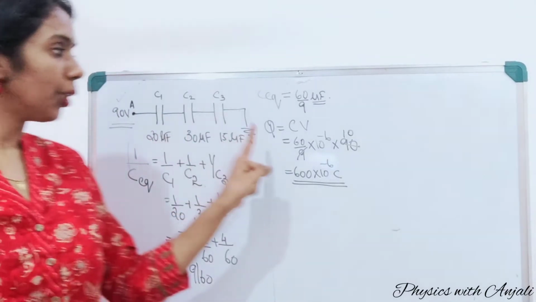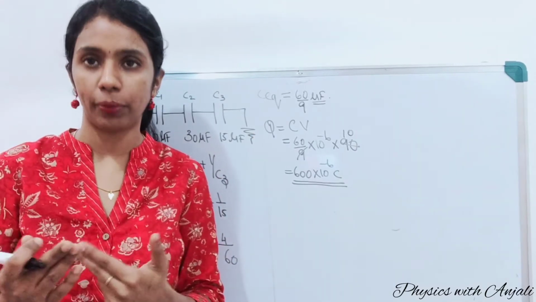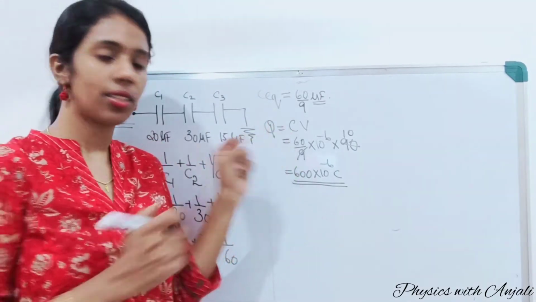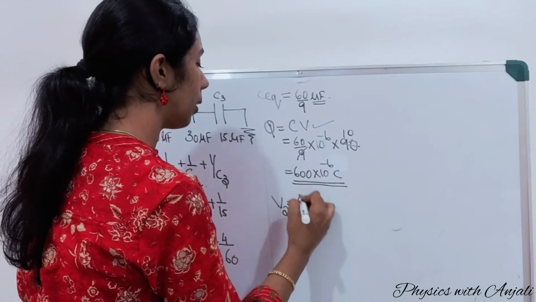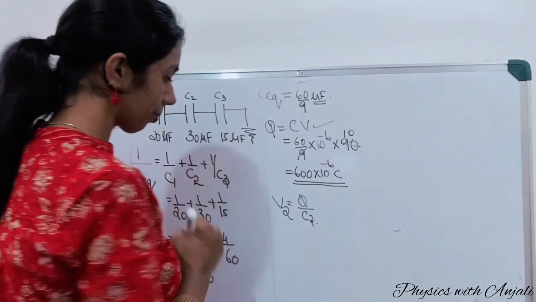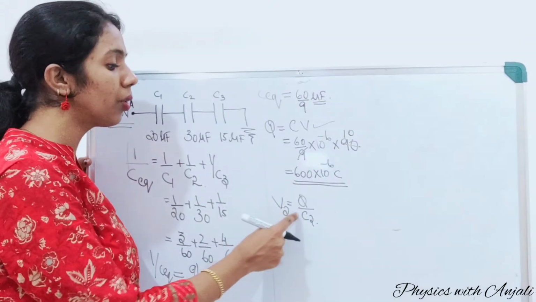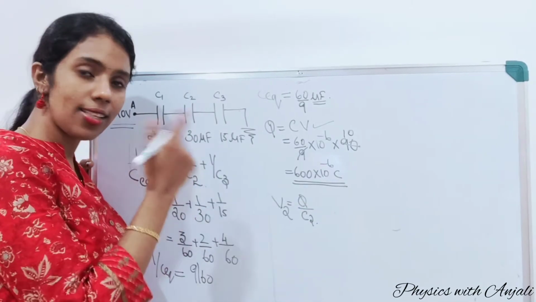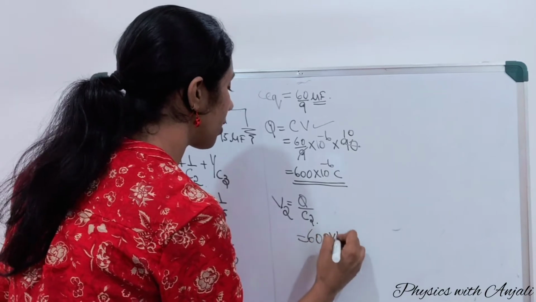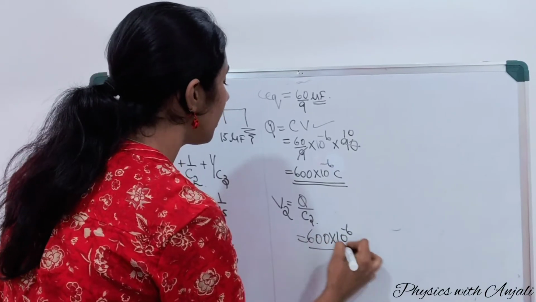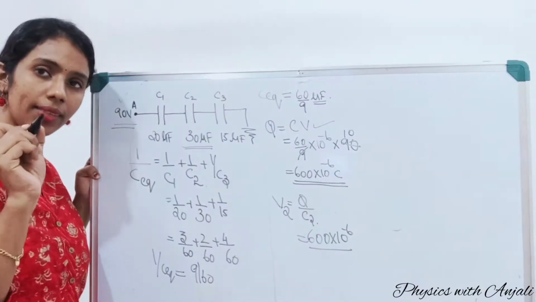Now Q is equal to CV. From this equation, how do we obtain an equation for potential? We can rearrange this equation. V2 will be equal to Q divided by C2, as we have to find the potential across C2. So instead of Q, we write 600 into 10 raised to minus 6, divided by C2, which is 30 microfarad as given in the question.